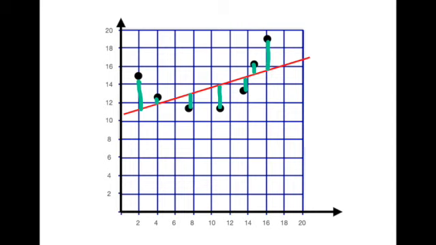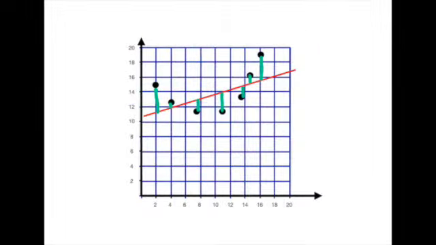Now to be a good linear fit, what we want is a random scattering of positive and negative residuals, and that will indicate that a line is the best model. If we have a pattern that's occurring with our residuals, as we can see here in this graph, that would suggest that a linear fit is not the best way to go. So to summarize, to be a good linear fit, we're also looking for a random spread of positive and negative residuals on our graph.